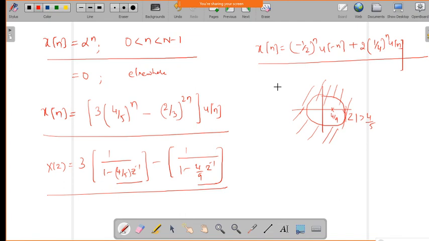So now what is the X(z) for this? It is minus half here, so it will give 1 over 1 plus 2z.